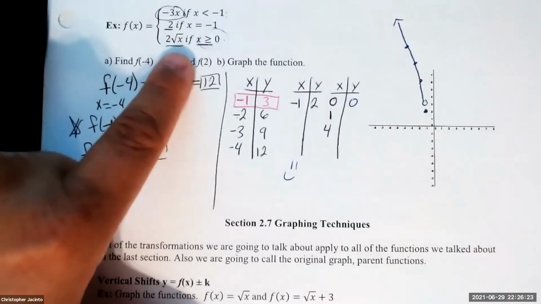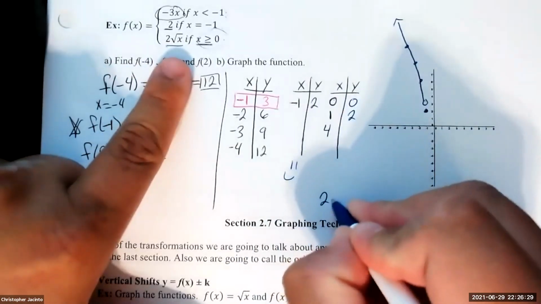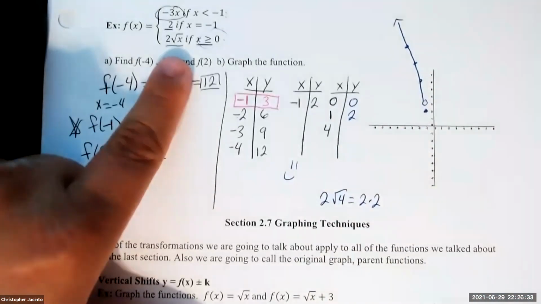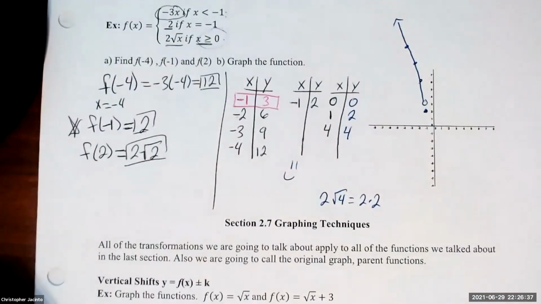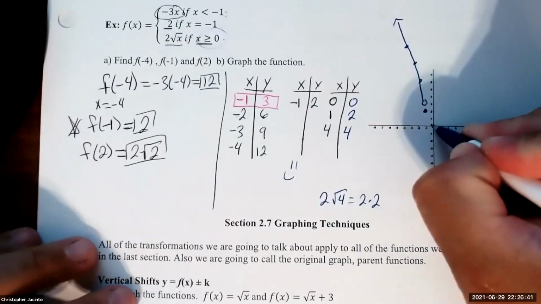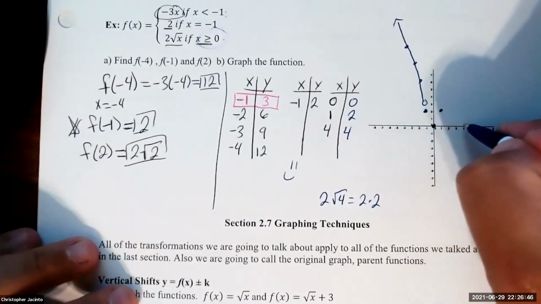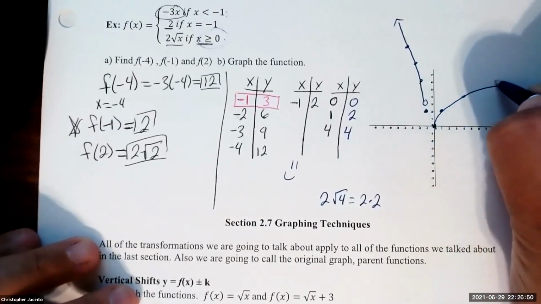Square root of 1 is just 1, and then 1 times 2 is just 2. And if I plug in 4, that's 2 times 2, which is also 4, right? So this is going to be 0, 0, 1, 2, and then 4, 4. So it looks like that.